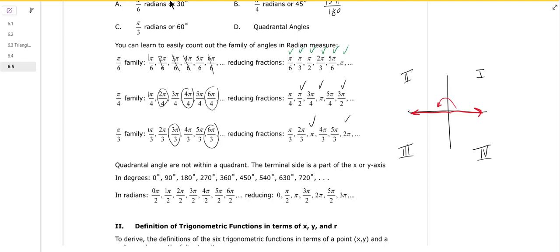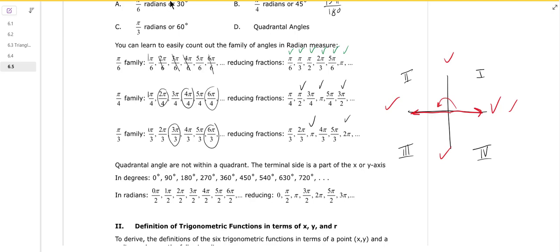It's not within a quadrant. You can count these out by 90-degree increments. So you'd have 0, 90, 180, 270, 360, and it's going to keep going on forever. And also the negative angles too. I didn't write out the negative angles, but they could still be written out the same way.